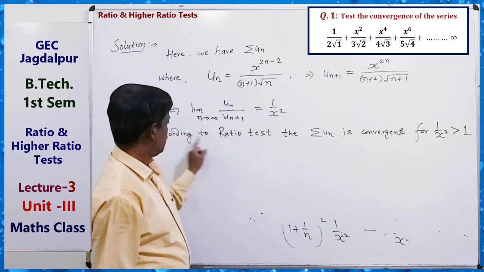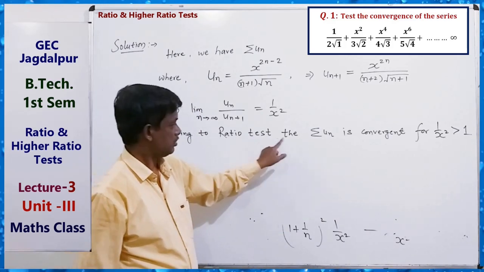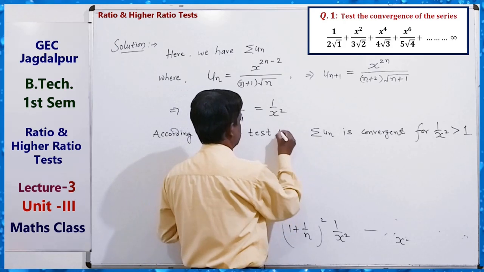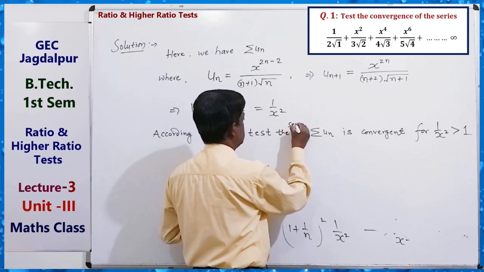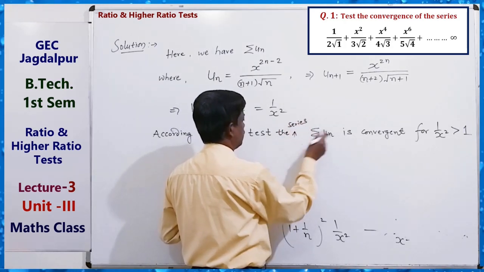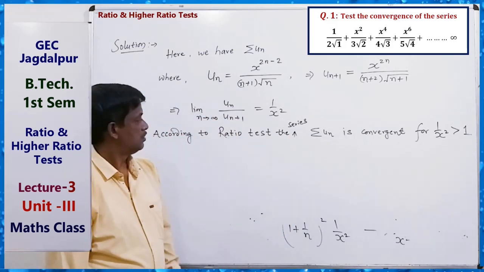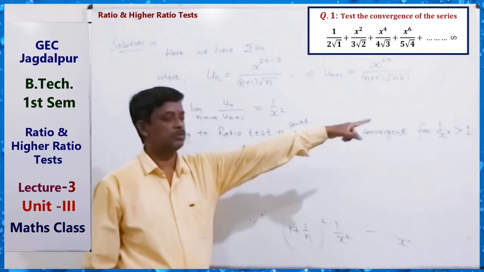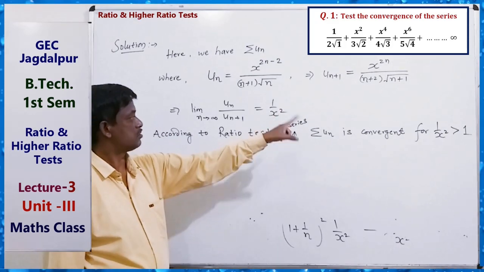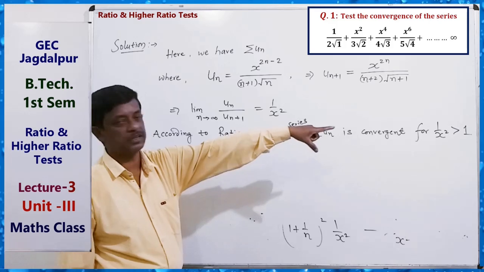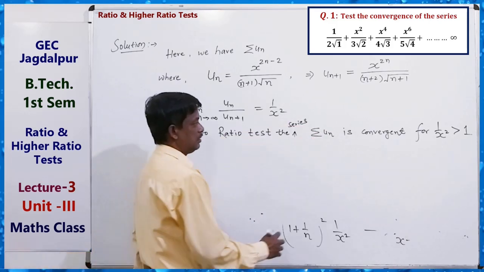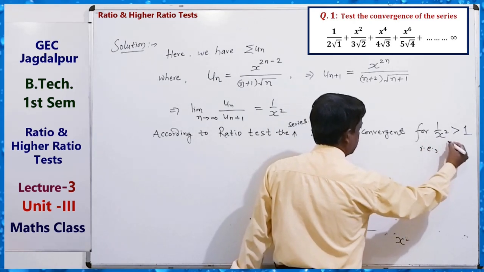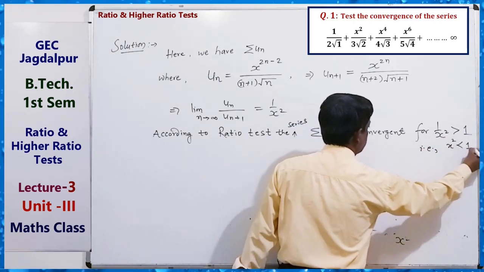So according to ratio test, the series is convergent for 1 by x square, this limit, greater than 1. That is x square less than 1.